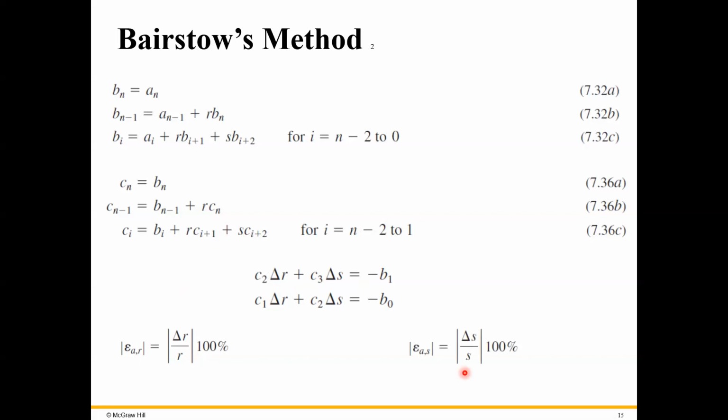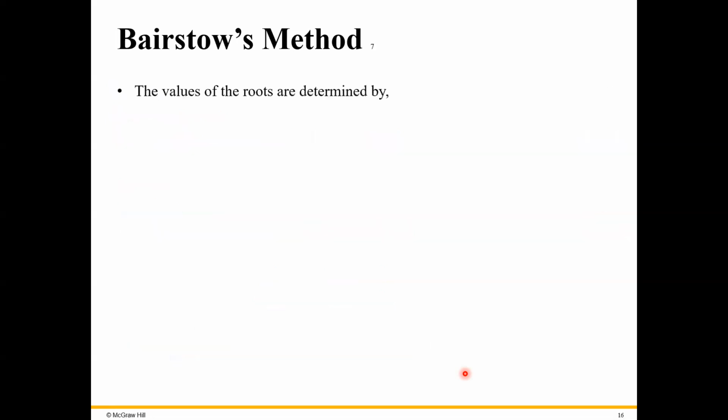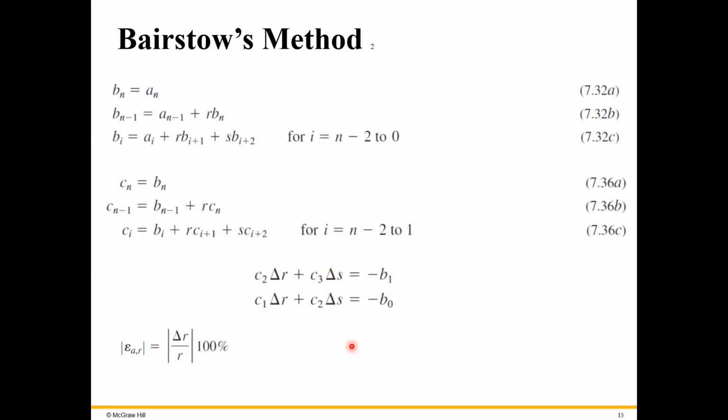When these percent approximate errors in r and s are within the stopping error limits, then we have iterated the method to our desired level of precision or accuracy, and we can stop the process. So we determine the values of r and s by an iterative method, iteratively determining delta r. We have to repeat this process.